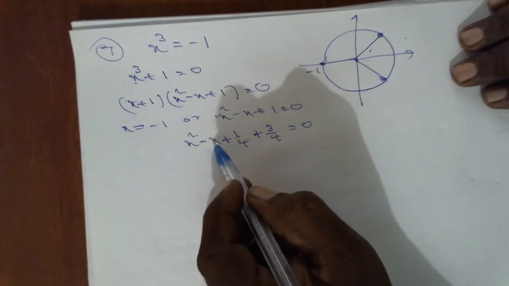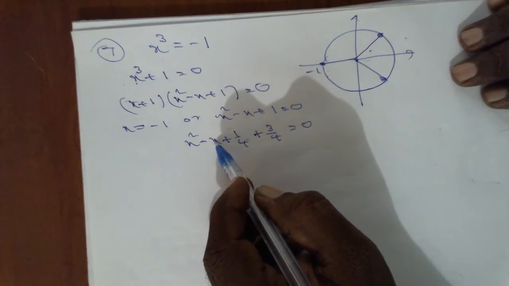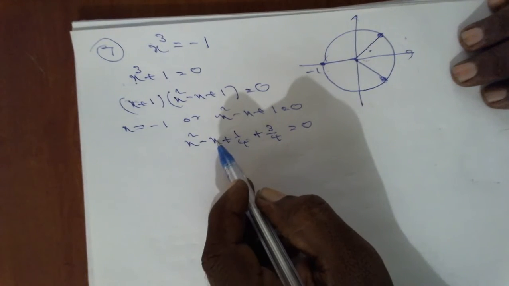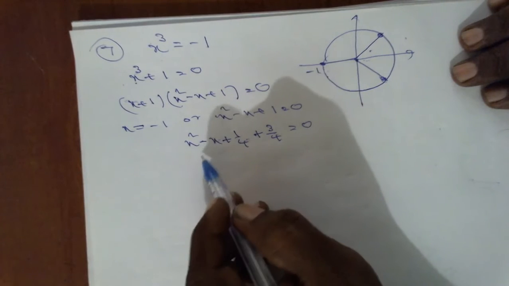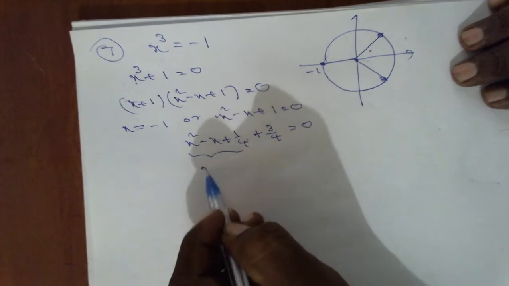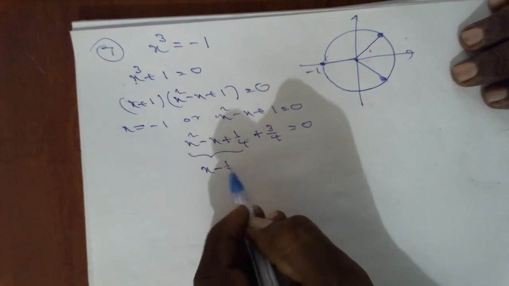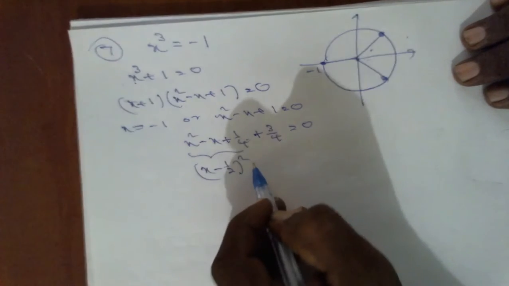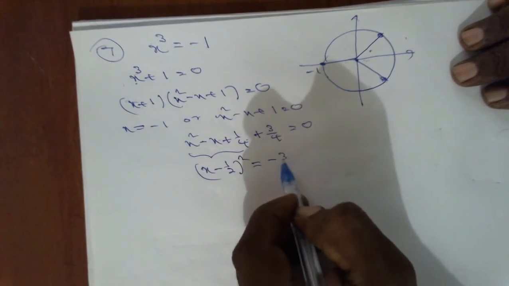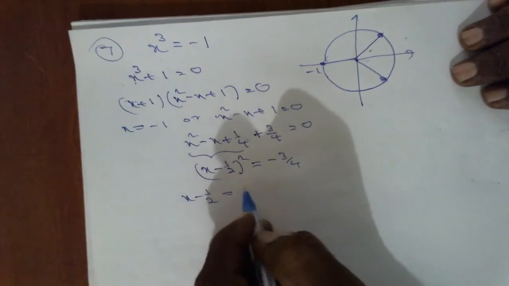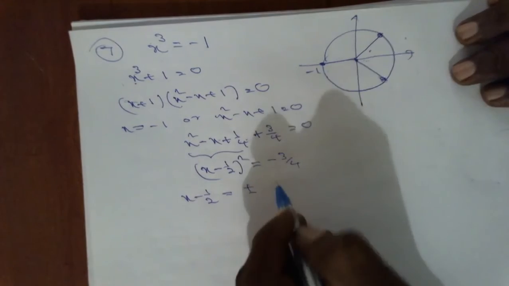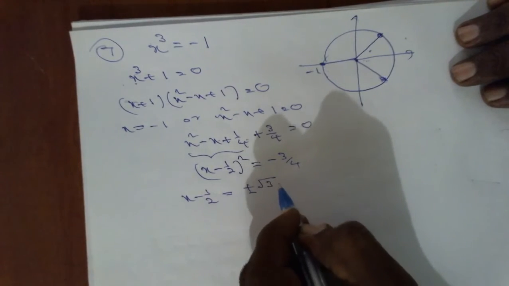The coefficient of x is 1, half of it is half, and the square of half is 1/4. So you can write x minus half, whole squared, equals minus 3 by 4. x minus half equals plus or minus root 3 i by 2.